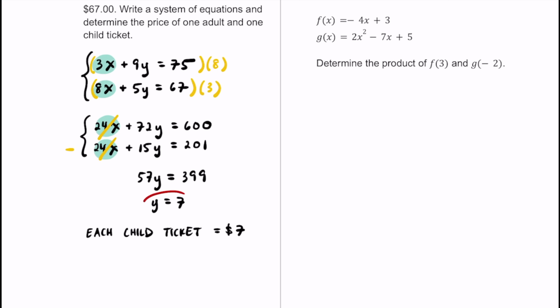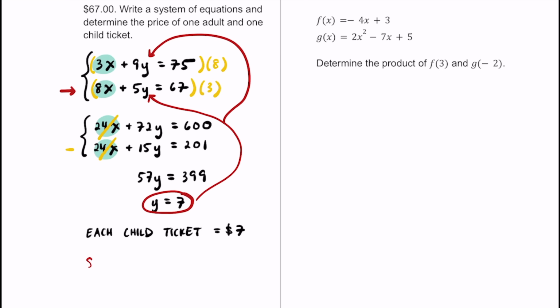And then we can go ahead and take this y equals 7 and substitute it either into this bottom equation here, or we can substitute it into this top equation here to solve for x. I'm going to go ahead and choose the bottom one there. So if I choose this bottom one, I think that's going to be 8x plus, let's see, 5 multiplied by 7, and that's going to be equal to 67.